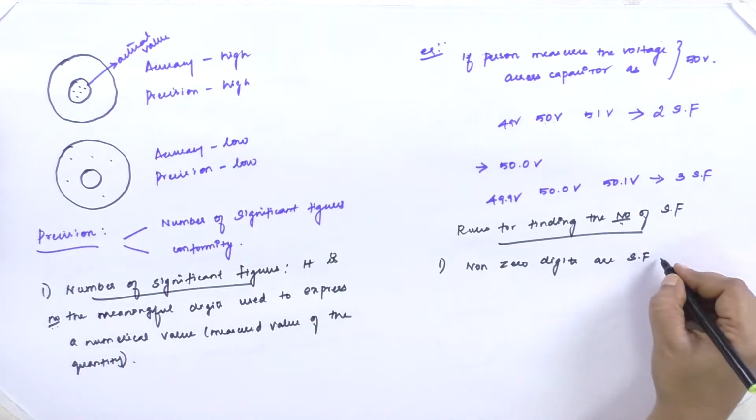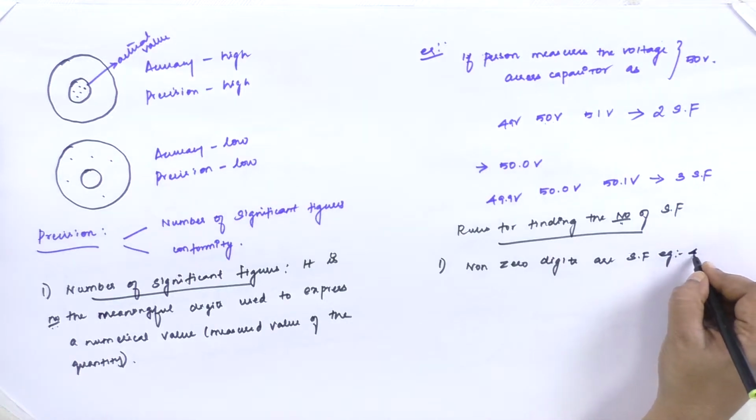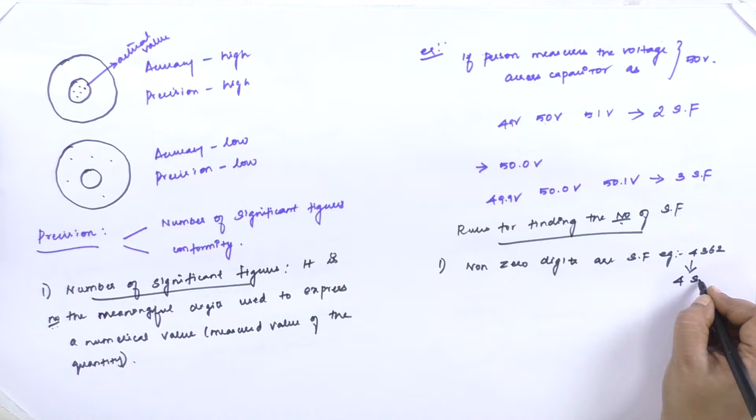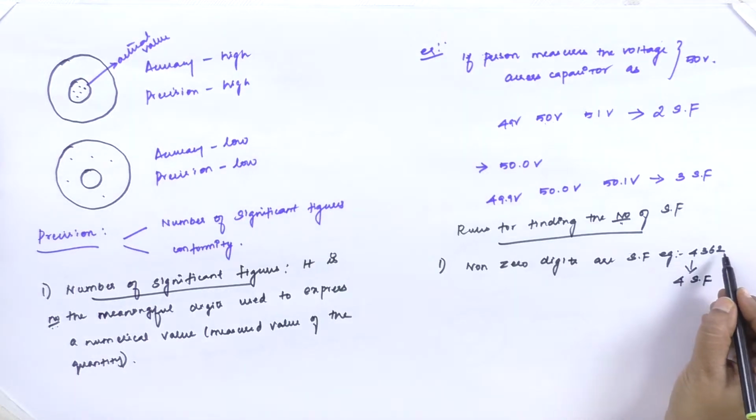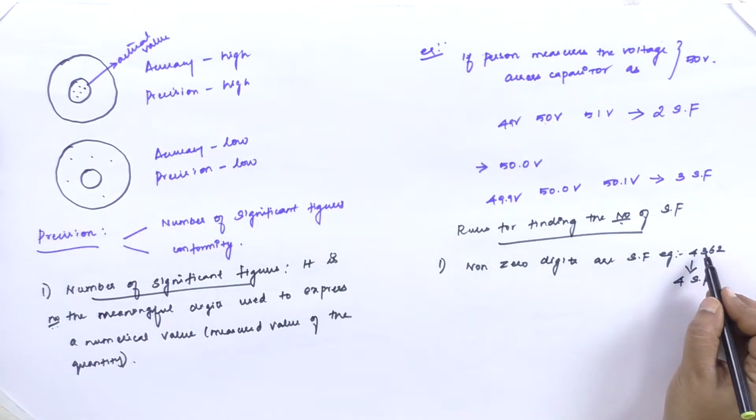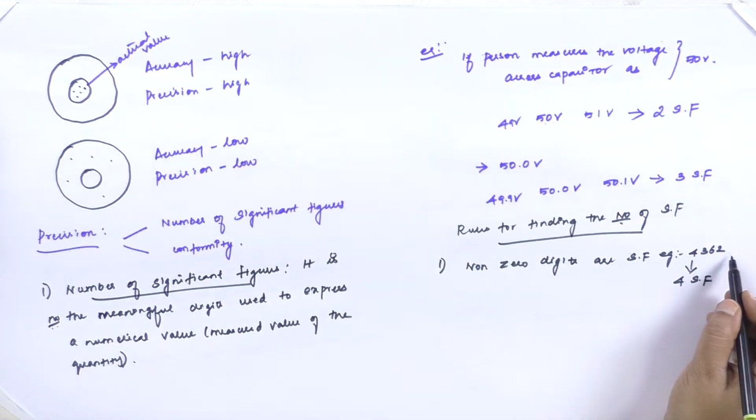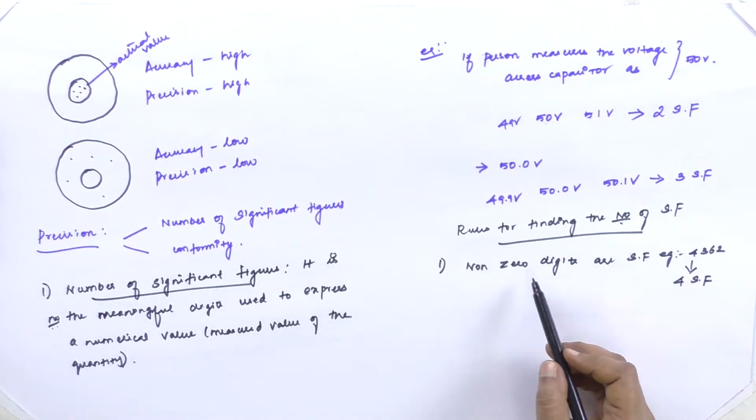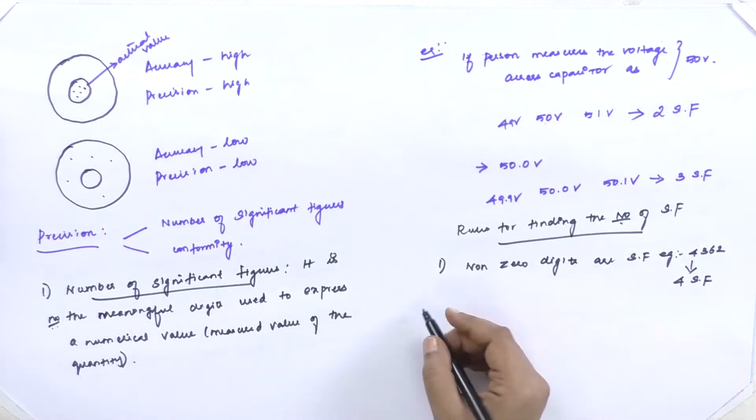Example, 4362. So it has 4 significant figures. It is non-zero digits, so we have 4 digits in this. 4362 has 4 significant digits. So we have to consider the non-zero digits.